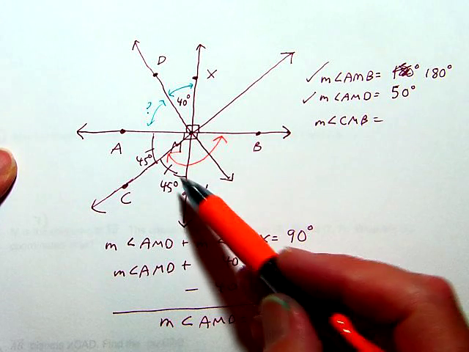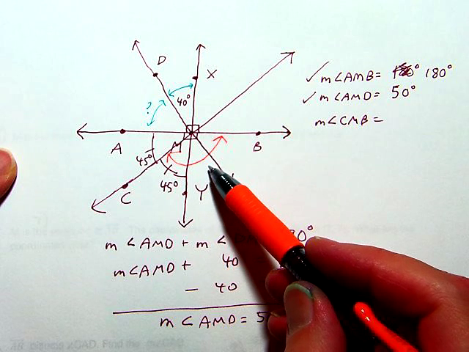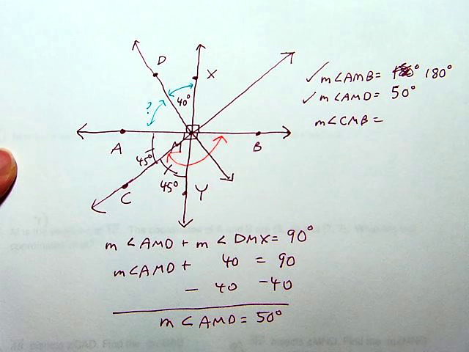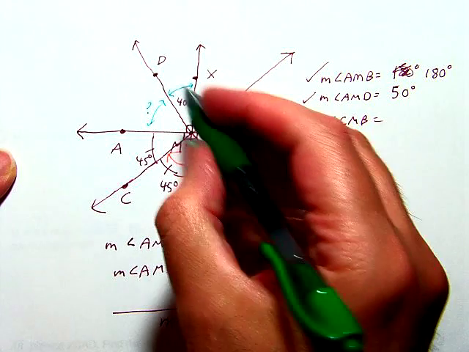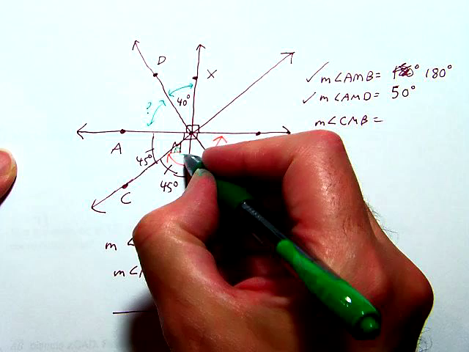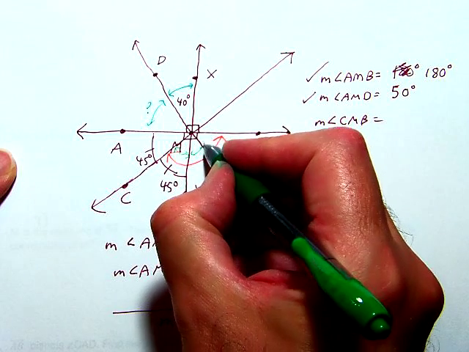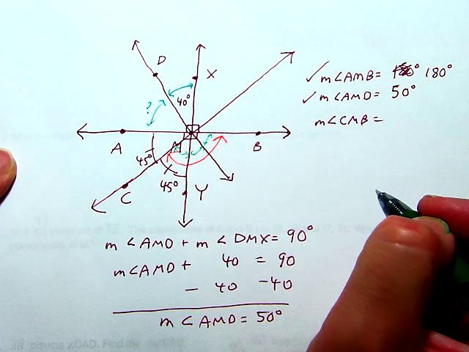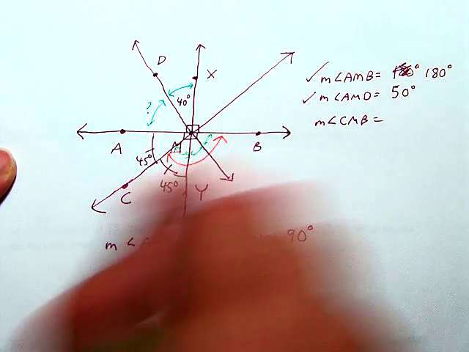So it looks like at first we've got three angles that we've got to add up. So let's say we start thinking about it that way. We've got this angle plus this angle plus this angle. Okay, that's one way to look at it.